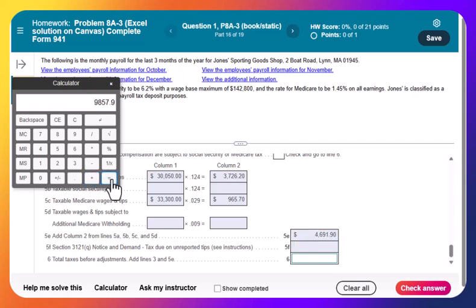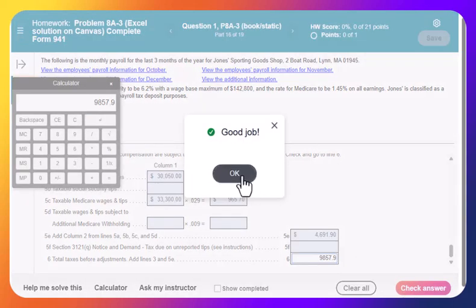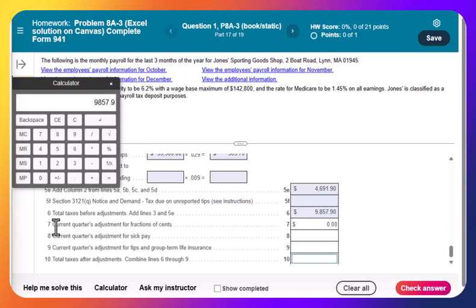And that's a total of $9,857.90. So we'll go ahead and plug that in here for line 6. And then we're going to go ahead and check our answer. Good job.